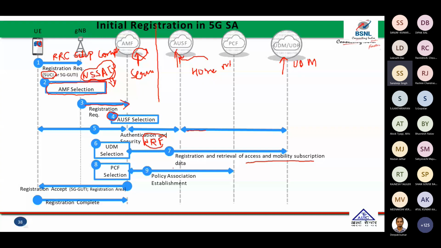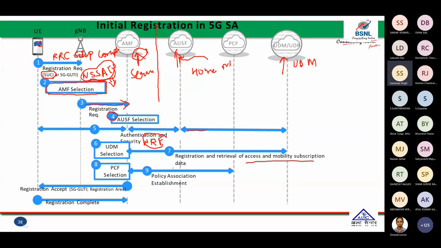All this mobility subscription data is fetched from the UDM by the AMF selecting the UDM. After getting the data, network slicing data, what they subscribed, what they are allowed in the registration area or not, all these things they get from the UDM.